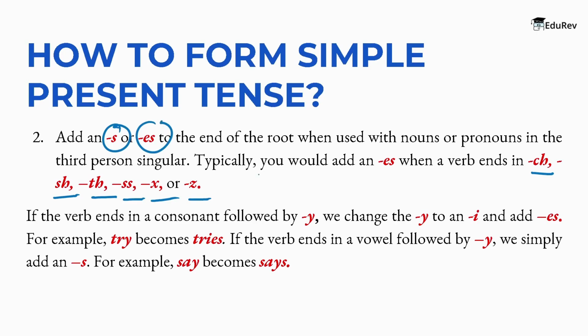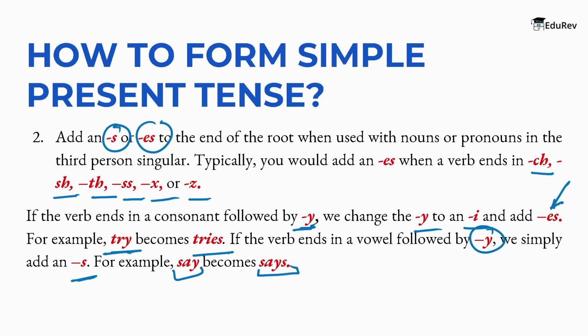Now, if the verb ends in a consonant that is followed by y, we change the y to i and add what? Es to it. For example, your try becomes your tries. Now, if the verb ends in a vowel followed by a y, we simply add an s. For example, say becomes your says.